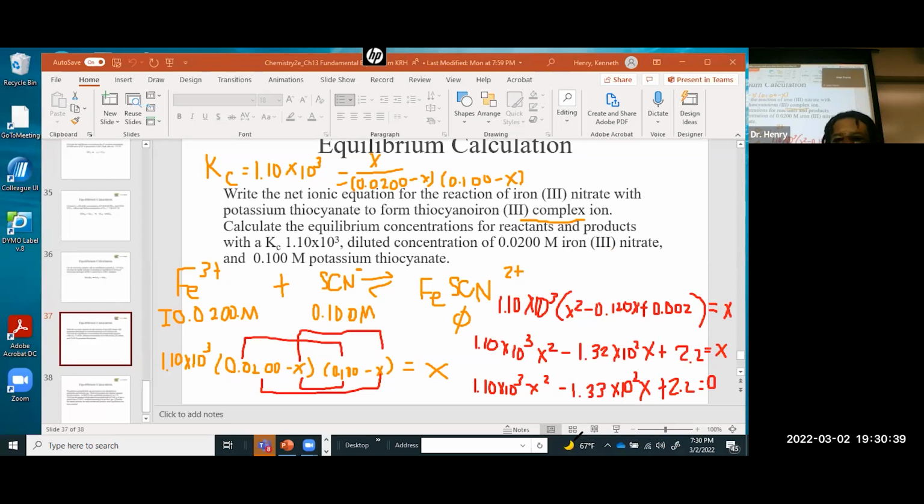Okay, so we got to plug into the quadratic. You guys remember the quadratic formula? Oh, I'm glad you guys remember because I don't.